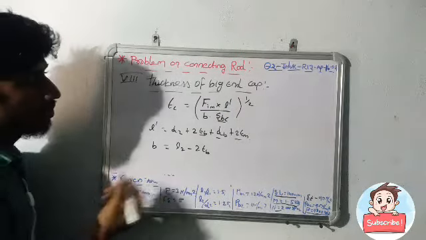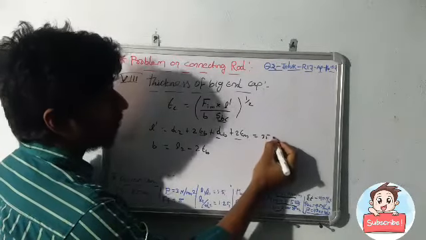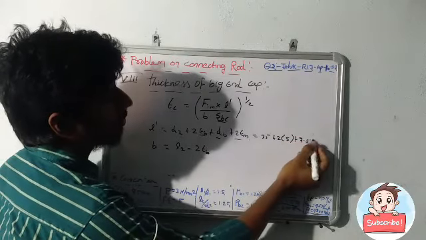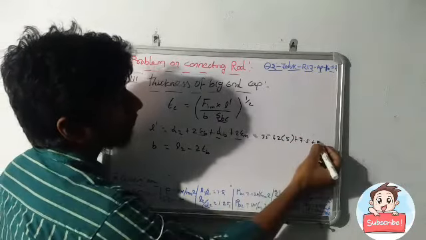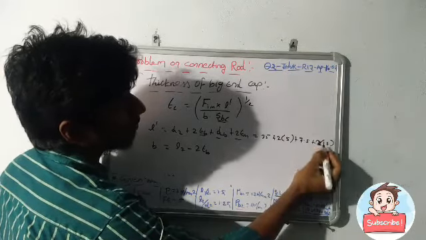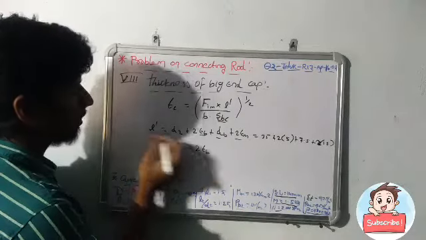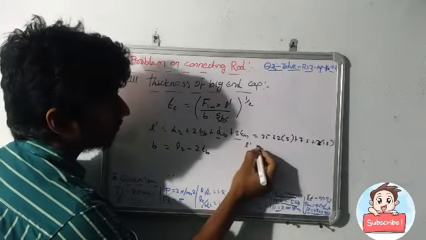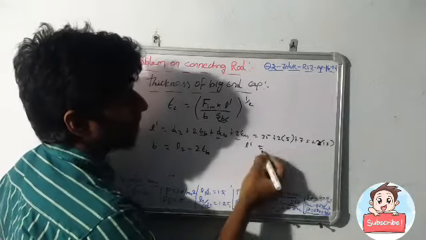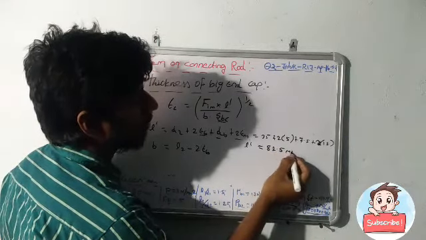Let's substitute those values. D2 is 35 plus 2 into 5 plus 7.5 plus 2 into 15, the TM. By simplifying, L dash equals 82.5 mm.